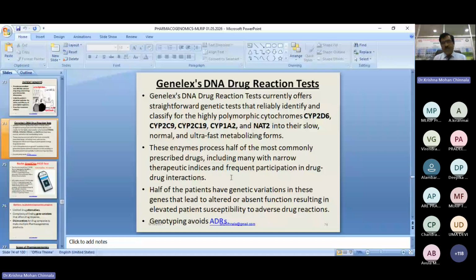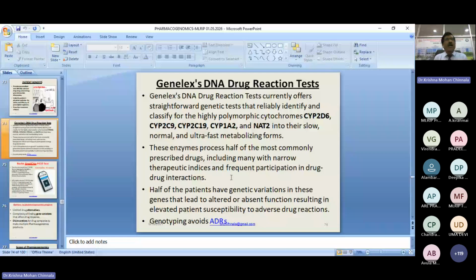Now, Genelex DNA drug reaction tests currently offer straightforward genetic tests that reliably identify and classify the highly polymorphic cytochromes CYP2D6, CYP2C9, CYP2C19, CYP1A2, and NAT2 into their slow, normal, and ultra-fast metabolizing forms.